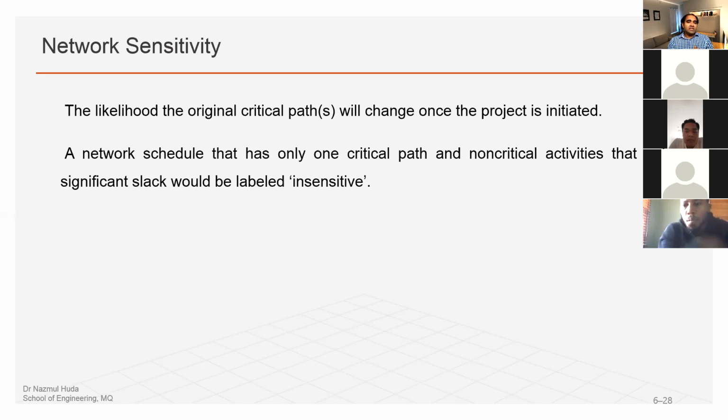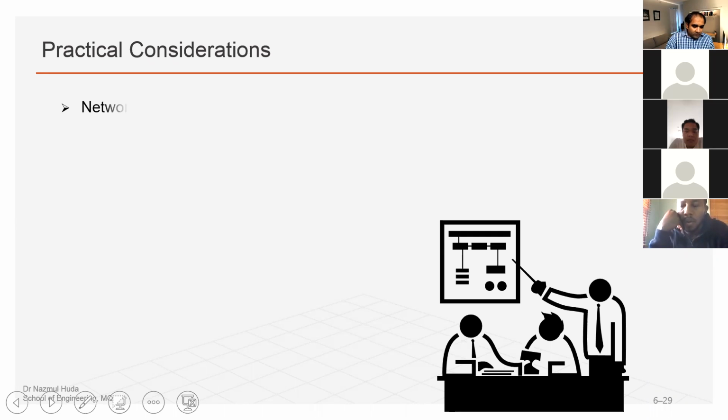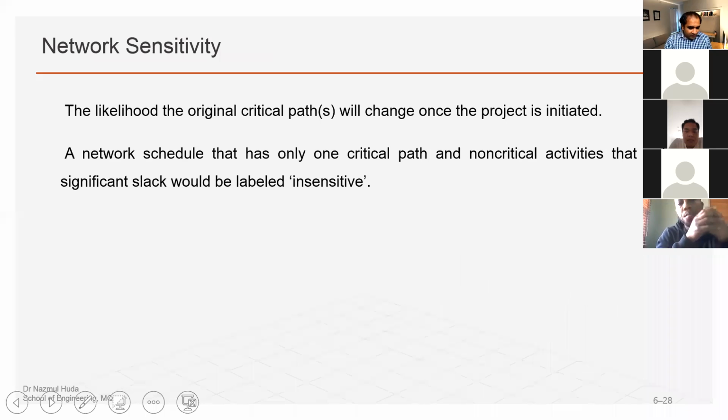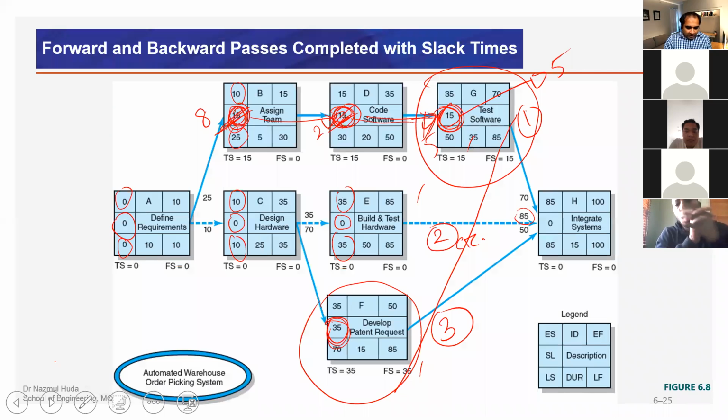So network sensitivity: a network schedule that has only the critical path and non-critical activities enjoy significant lag. If we take an example from the previous project network diagram, this diagram is not sensitive, just because we have 15 days and 35 days of slack in other chains. We have the critical chain, chain 1 with 15 days, and chain 3 with 35 days.